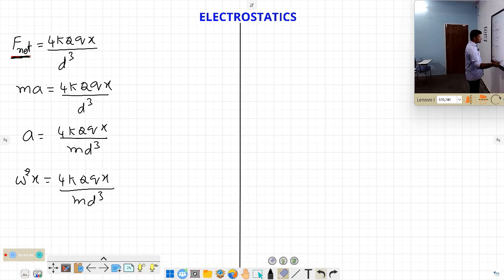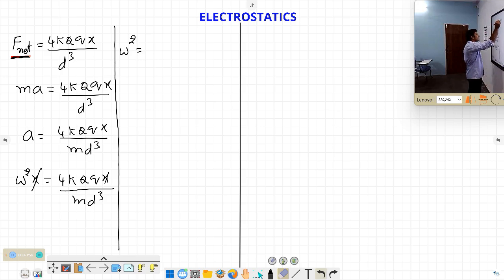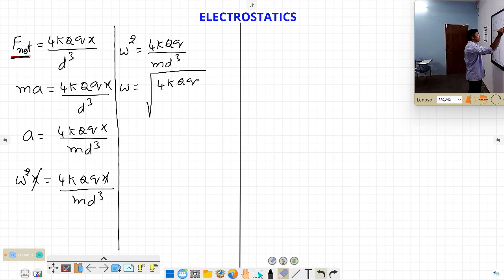Here this x gets cancelled. After cancellation of x, omega square is equal to 4k capital Q small q by m d cube. So from this, omega is equal to the square root of 4k capital Q small q by m d cube. This relation we got.